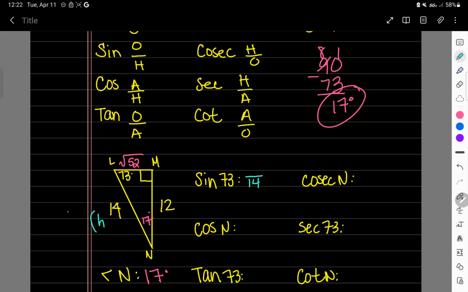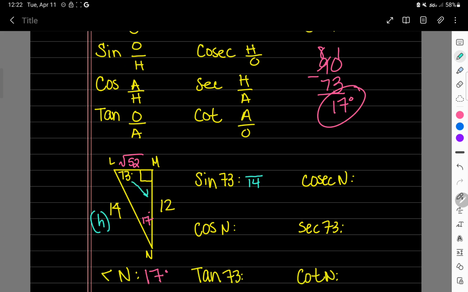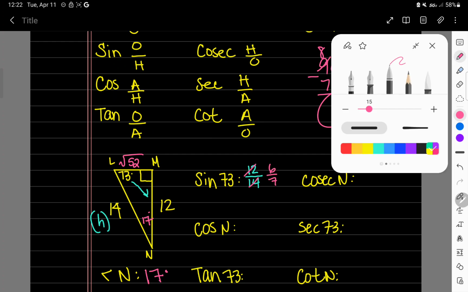So this one will be H. Remember that the other two are both opposite and adjacent. So only label the 14 if you want to label it. So opposite of 73 would be 12. So 12 over 14. Remember to reduce this. We can reduce it with 2. And that will be 6 over 7.